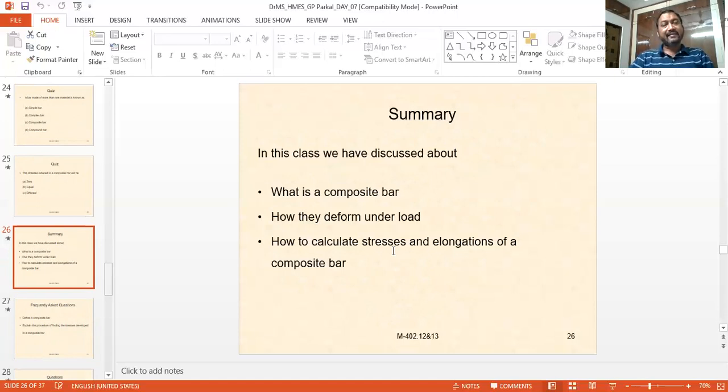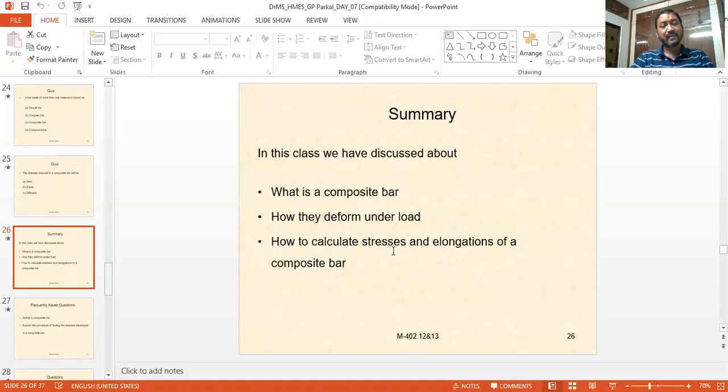Here in this class we have discussed the stresses developed in the composite bar, and also how we have arrived at an equation to calculate the stresses developed in composite bars.